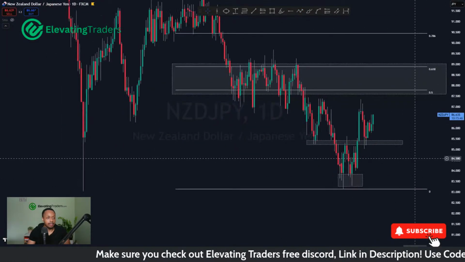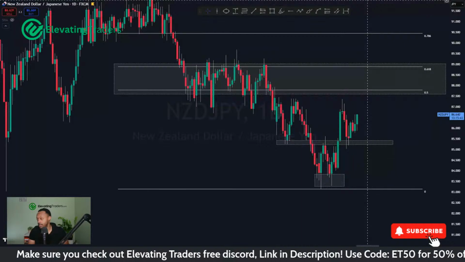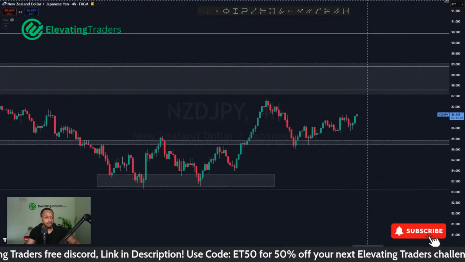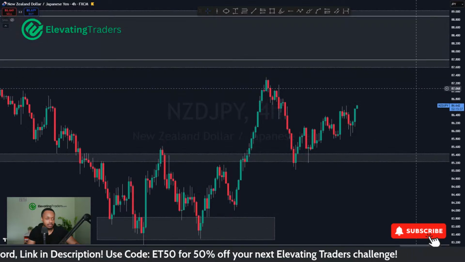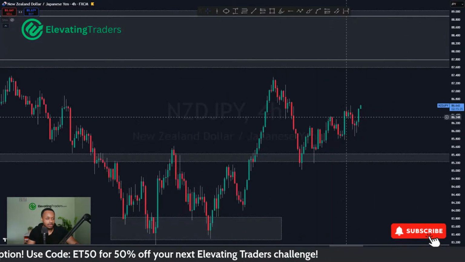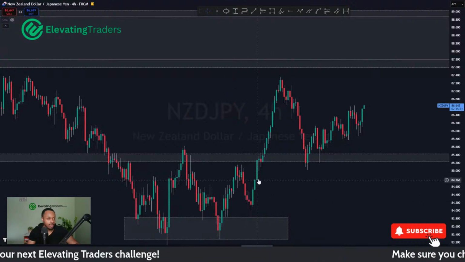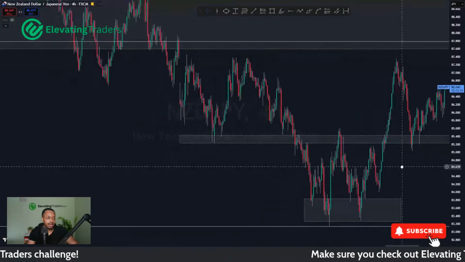Let's not forget that. But yeah, the yen pairs are looking pretty bullish to me, so being very cautious about selling them. And as I look at them now in the lower time frames, it's a pretty corrective move. So it's not like we're flying, although that was a nice impulse there.